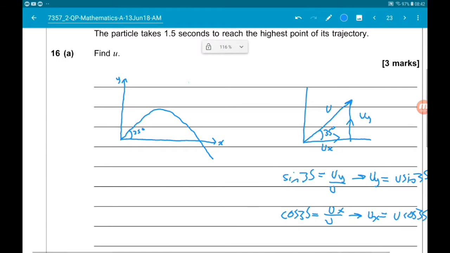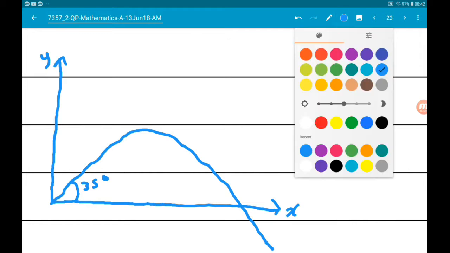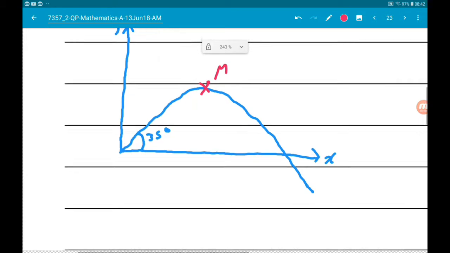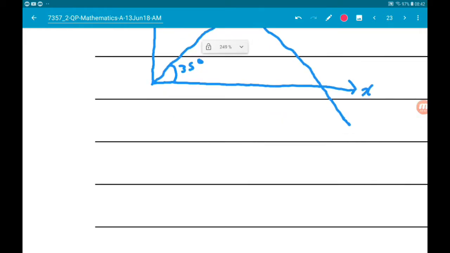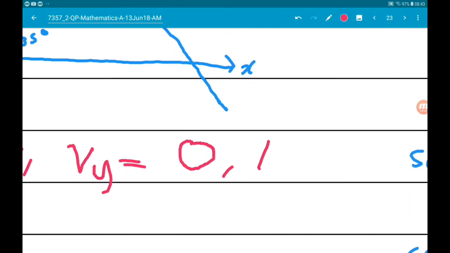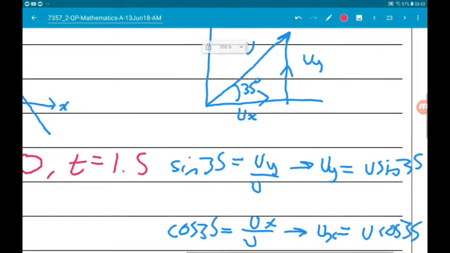So, we also know that at the maximum height here, let's call this M, at M we know that the vertical velocity v_y is equal to 0, because we're not moving up or down, and we know that t is equal to 1.5, and we also know acceleration.